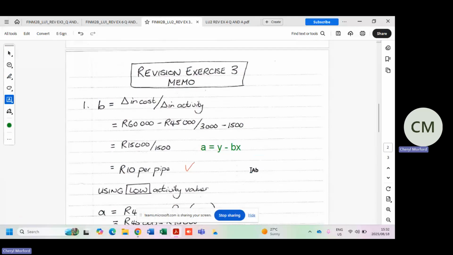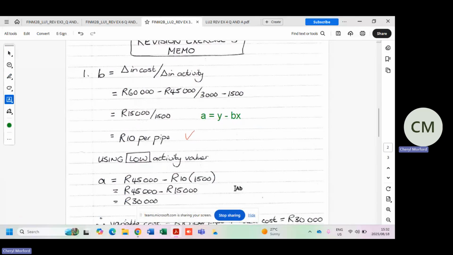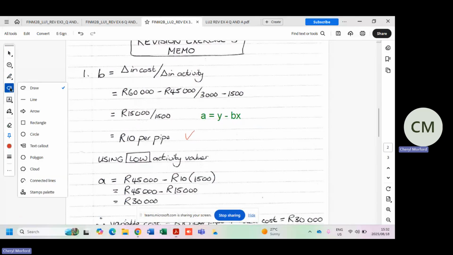The only thing that you cannot do is use one of each, because that will get you a completely wrong answer. So I've just decided here we're going to use the low values. You could just as easily use the high values. We're just going to substitute in. A that we're trying to find is our fixed cost. So we're going to take our lowest value of Y, which is 45,000 Rand.